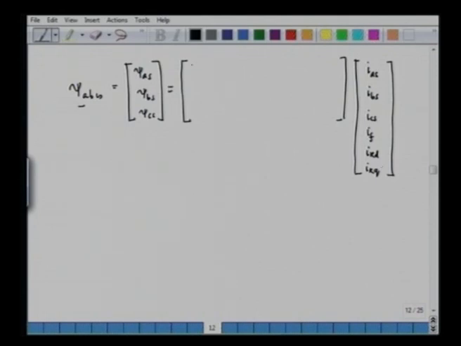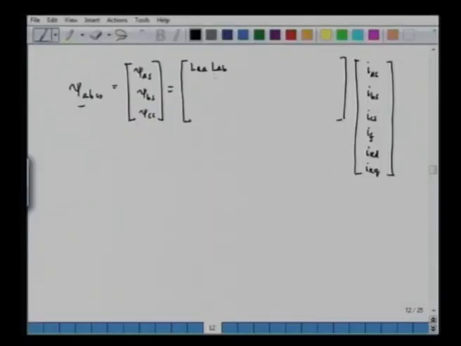In this case I have LAA, the self inductance of phase A with itself. This is LAB, the inductance of phase A with phase B of the stator, and LAC, the inductance of phase A with phase C of the stator. Then we have the rotor and stator mutual inductances: LAF, the inductance of phase A with the field winding, LAKD, the inductance of phase A with the D axis damper winding, and LAKQ.